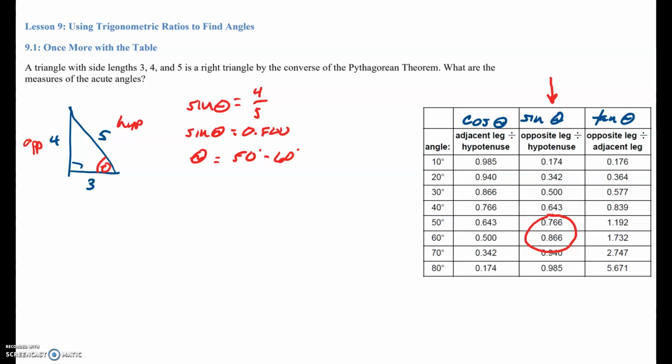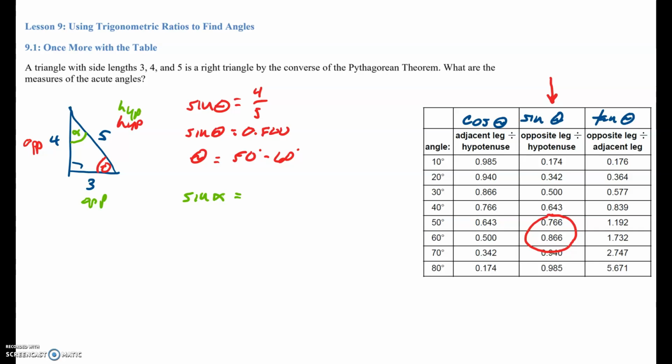Now I do the same thing for my other acute angle. Here's acute angle. We'll call that angle alpha. I'm going to do the same thing. I know that the sine of angle alpha is equal to the opposite, which is the 3, is opposite angle alpha, divided by the length of the hypotenuse.